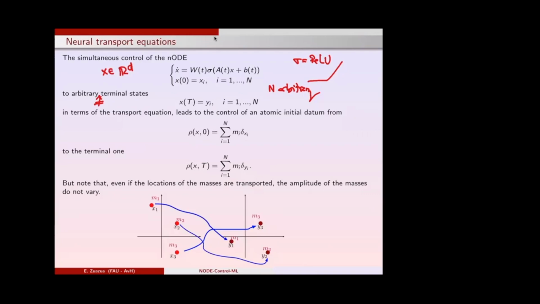So this is to say that the fact that you have the simultaneous control property, you should not abuse it, because you can produce these kinds of transport maps from a given initial configuration to a given final configuration. But if you really want to make things very tight, then the cost of control will be very large. The same will happen if X1 and X2 are very close.